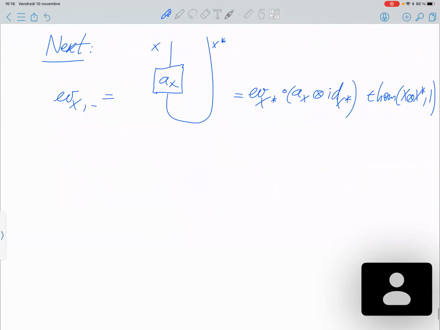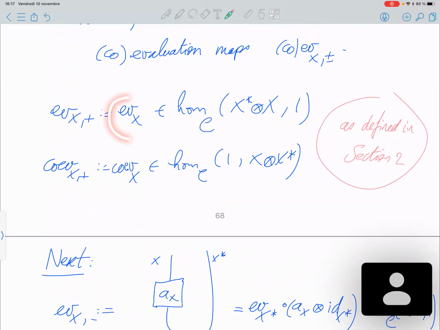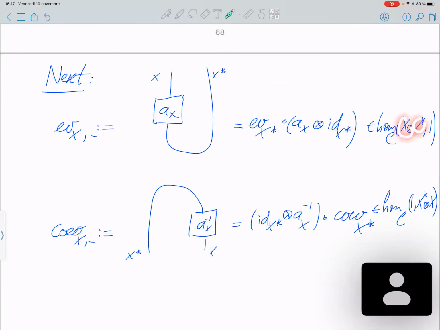Similarly for the co-evaluation minus, it is like that: the identity of X star tensor the pivotal structure inverse, composed with the co-evaluation of X star, and it's an element of this hom space, from 1 to X star tensor X. So first observation: the usual evaluation map goes from X star tensor X to 1, and for the minus version, it's X tensor X star to 1.